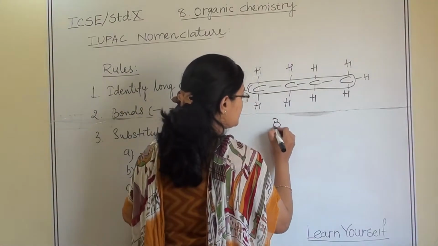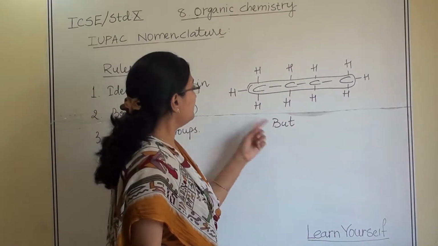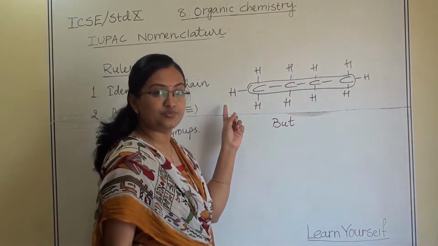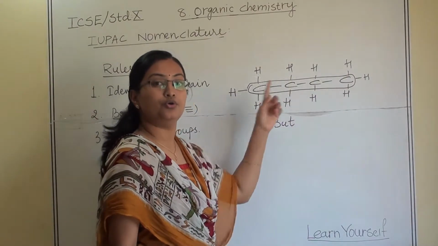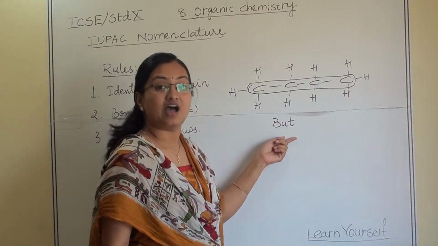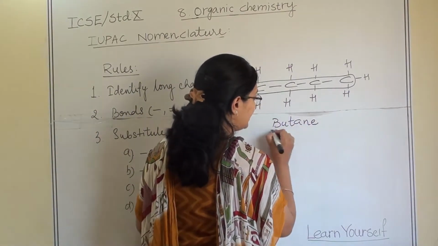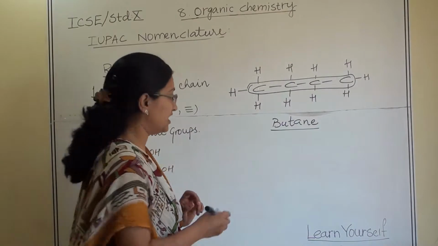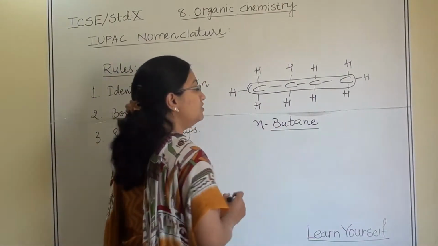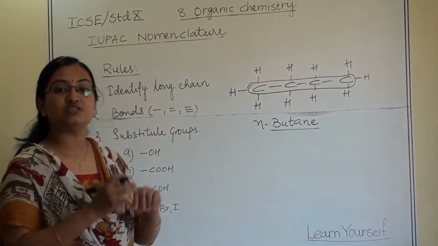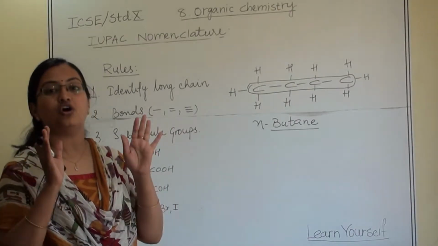That means it is but. And no other substituent groups are there. No double bond, no triple bond. So this is an alkane group and the suffix will be ane. So this is butane. We can also write this as normal butane. Normal butane means it is a straight chain structure of butane.